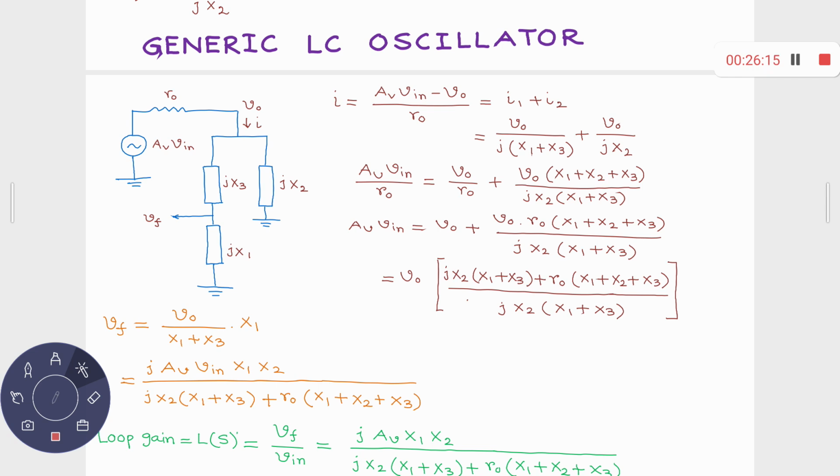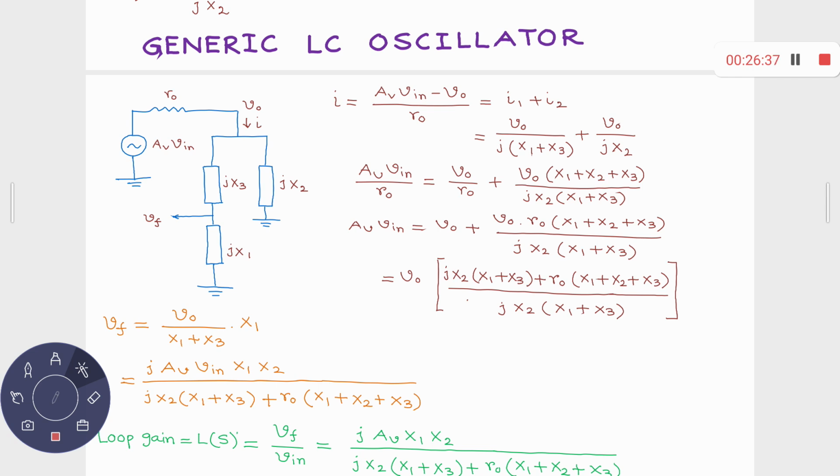Right? Then what is the feedback voltage that has been generated by this network? This feedback voltage, what is that? This is the voltage across this jX1. What is that? This is nothing but the current that is flowing through this multiplied with this jX1. Right?